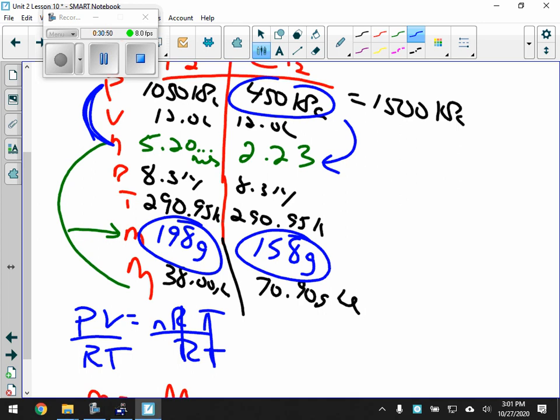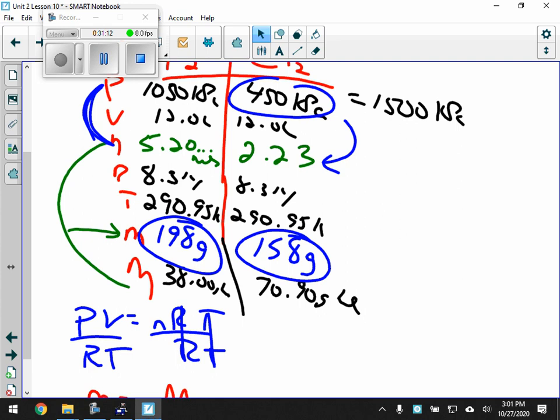Or if this is divided by 200-ish, this has to be divided by 200-ish. They have to match up. Again, because the more molecules you have, the more pressure that gas is going to exert. And that's important down the road here. And it is proportional, obviously.